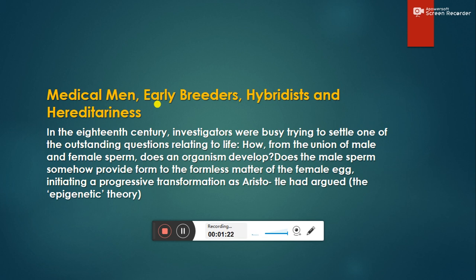So it is all the thoughts and all the knowledge about heredity: what factors make offspring similar to parents, and why several diseases keep running in families. What is the reason behind this?